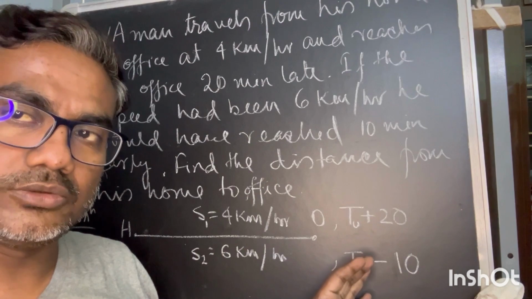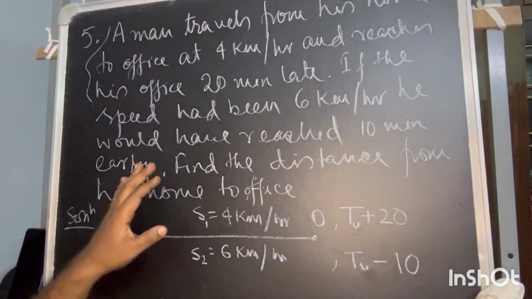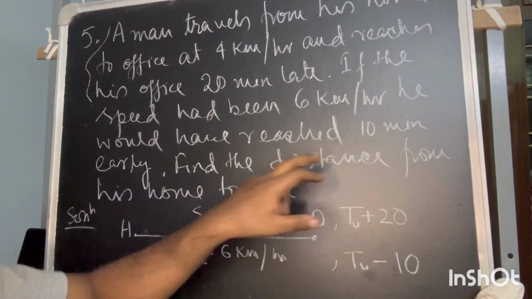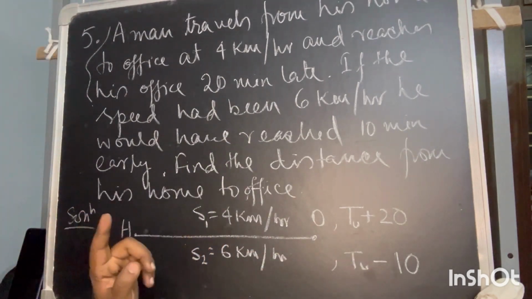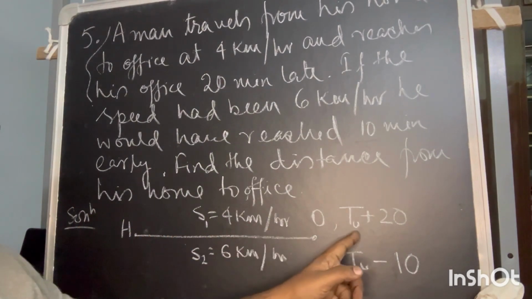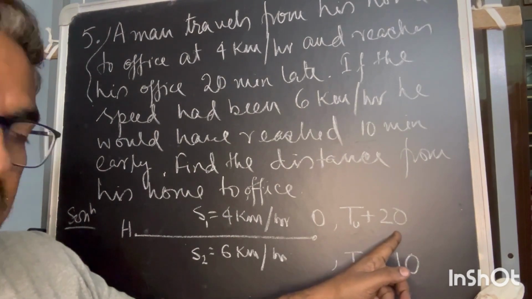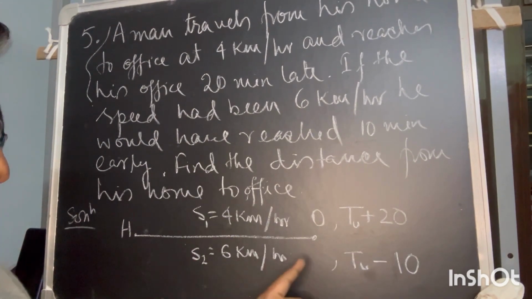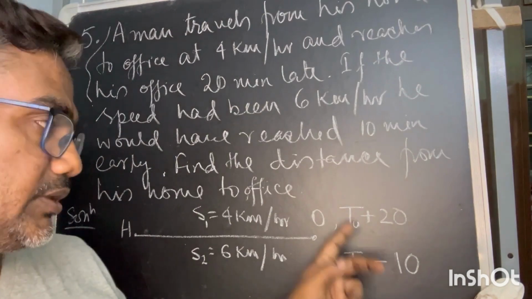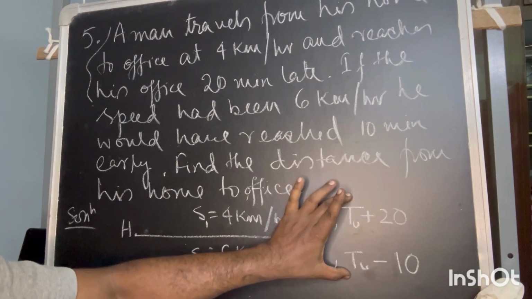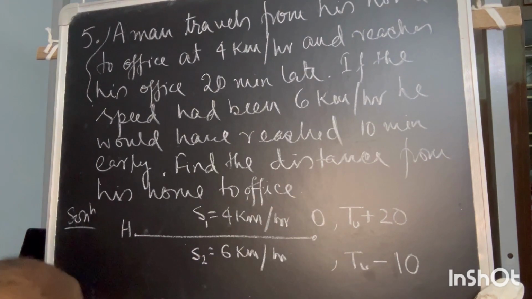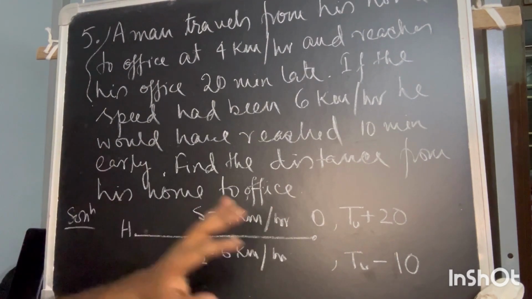But that is not known, that is not even needed, because we only have to find the distance from the home. So the only requirement is distance. So the two cases are that speed is this, time is usual time plus 20. If speed is this, time is usual time minus 10. Now from this, the only unknown is the usual time within which he can reach the office.